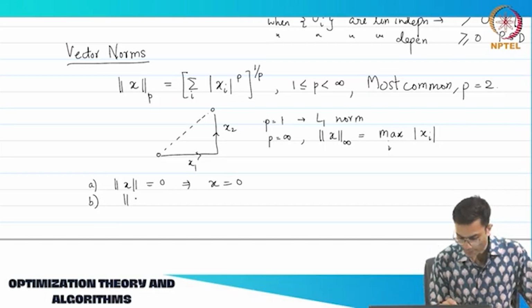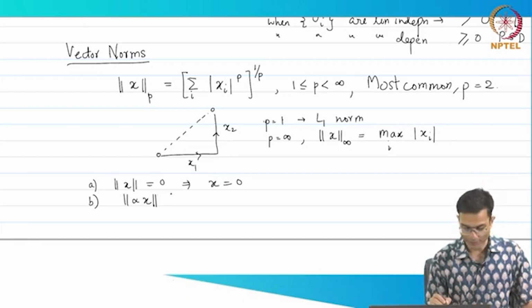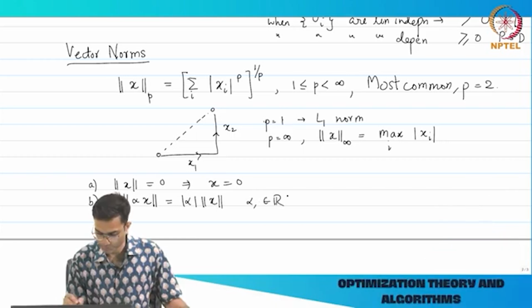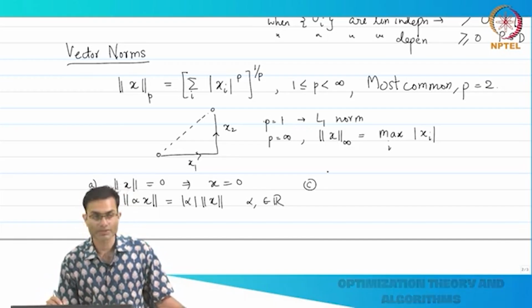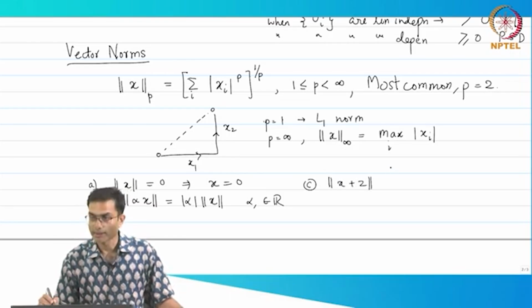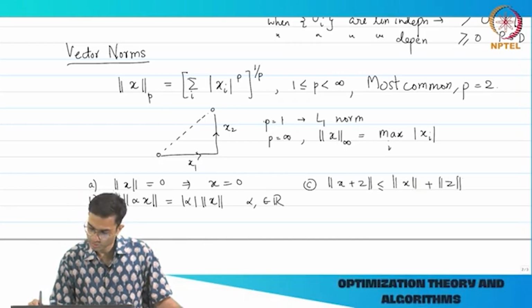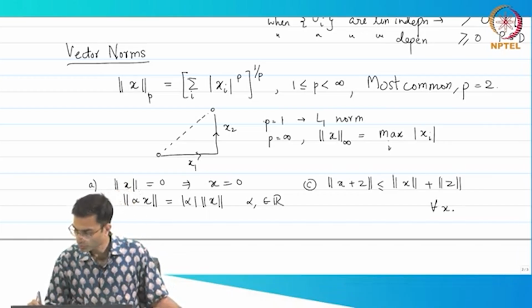Then, if I give you a scalar alpha multiplied by a vector x, alpha belongs to real numbers. And the third property is actually the make or break property of a norm, which is the triangle inequality. Right? So if I say x plus z, then this is going to be less than or equal to the sum of the norms, for all x, z that belong to R^n.